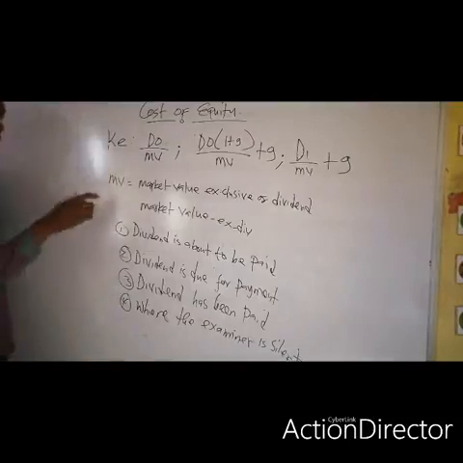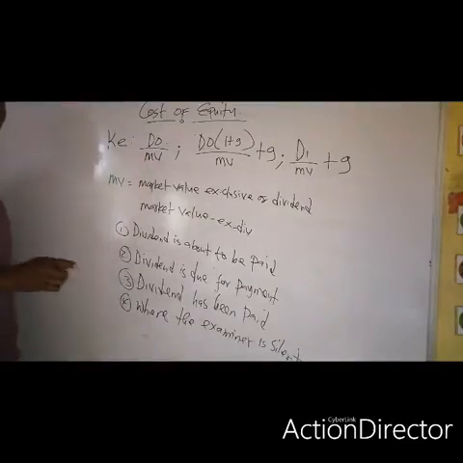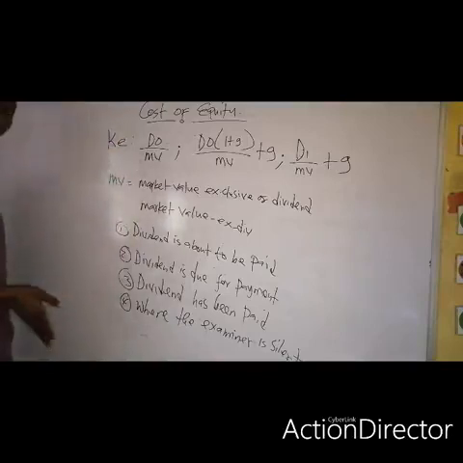Now, I'm talking about the concept of market value. We said the market value for you to use must be market value x-div. How do you know whether the market value is inclusive? I said if market value is inclusive of dividend, you must remove the dividend from the market value before you use it, to make it x-div.